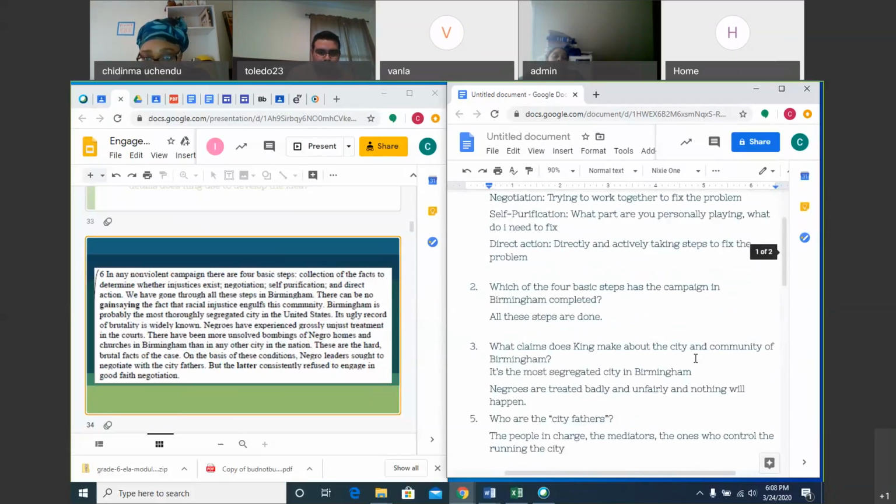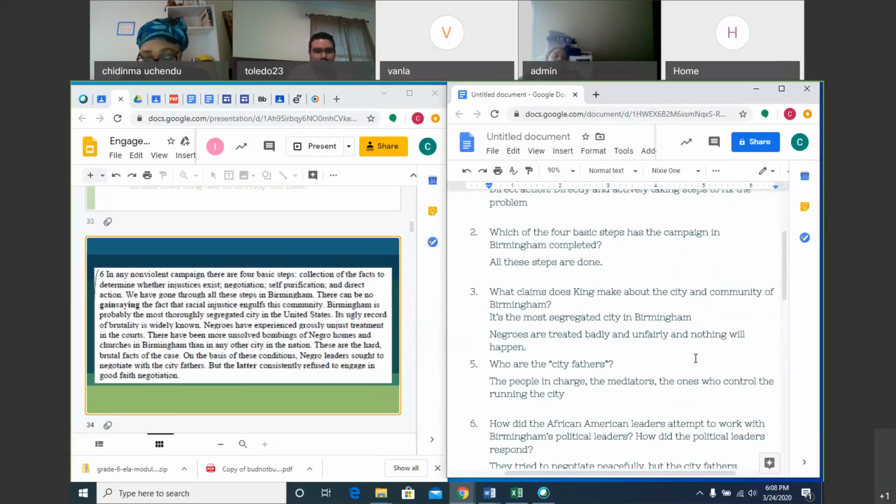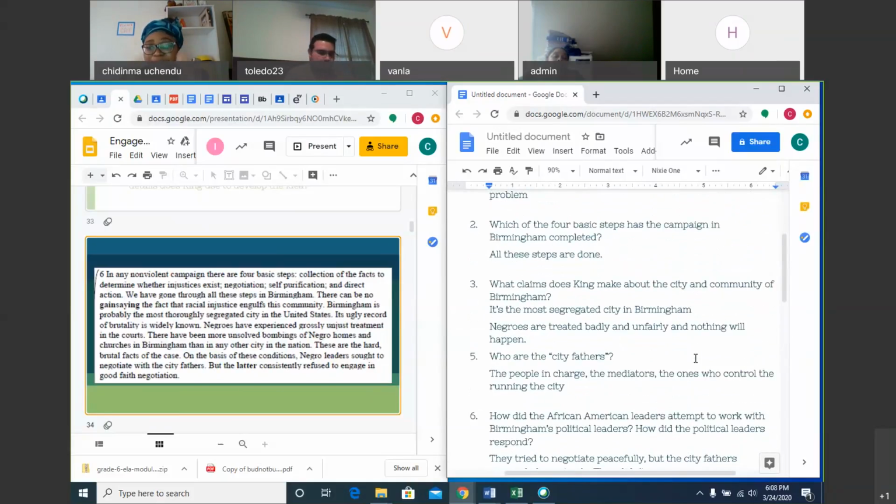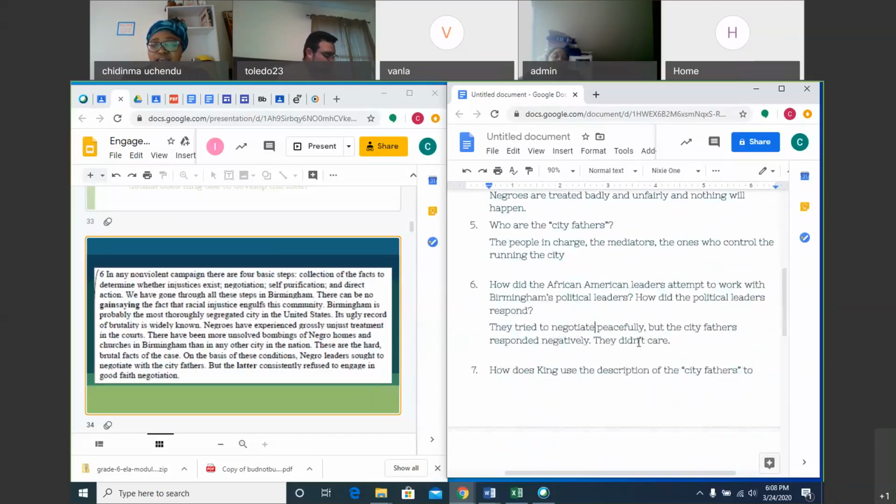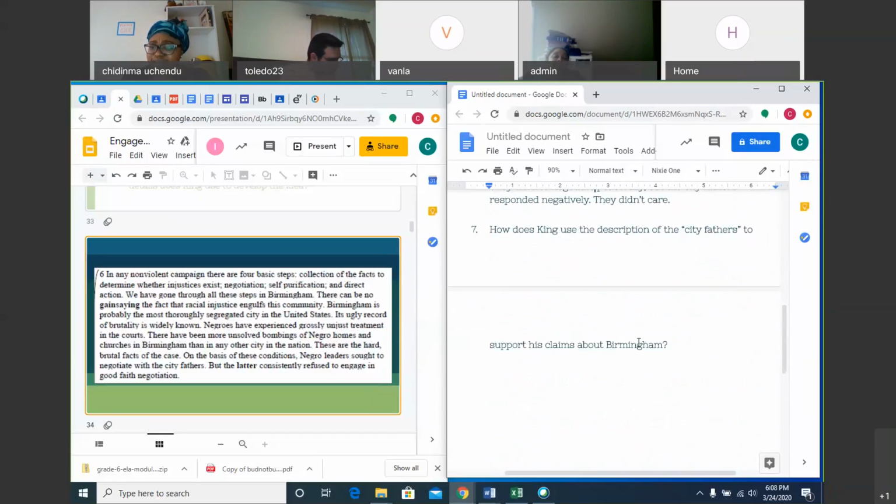Let's go back to what we talked about with Birmingham. Remember, the claims are that it is the most segregated city, that Negroes are treated badly and unfairly, and that nothing will happen. Well, how does this little detail he gave us about the city fathers support his belief about that city? Anybody feel free to jump in.